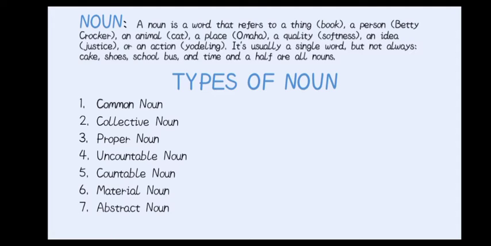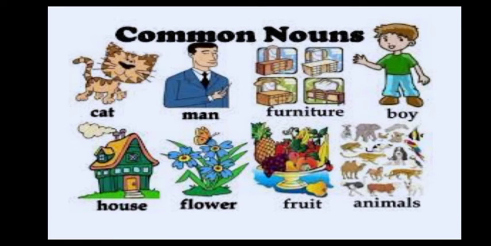When we talk about common noun, basically what is a common noun? It is a common name that is given to a group of people or a group of things. Suppose I say cat, elephant, lion. All three of these have one thing in common, that these are different animals.